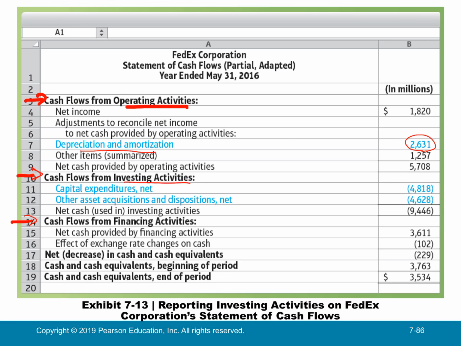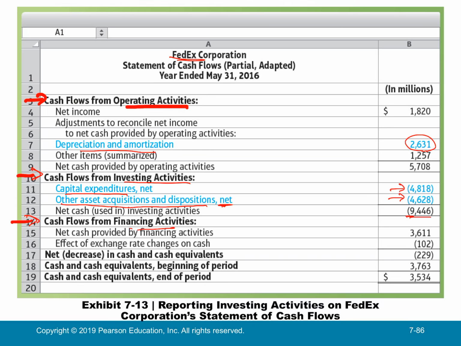And then for investing activities, if we buy capital assets, cash goes out, right? And in this case, we have other asset acquisitions and dispositions, the net. So they net all the cash going in and out, and the net is this company spent about, I presume this is in millions, so probably around $9 billion acquiring stuff, which makes sense. FedEx probably buys a lot of airplanes and trucks and everything else.